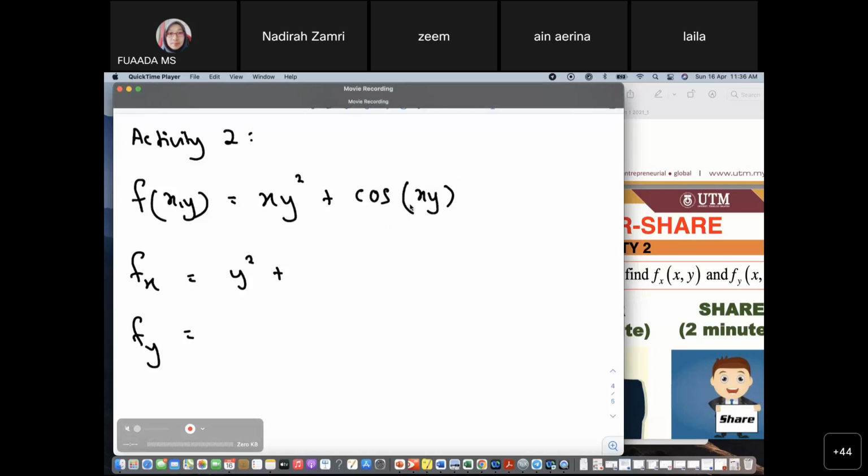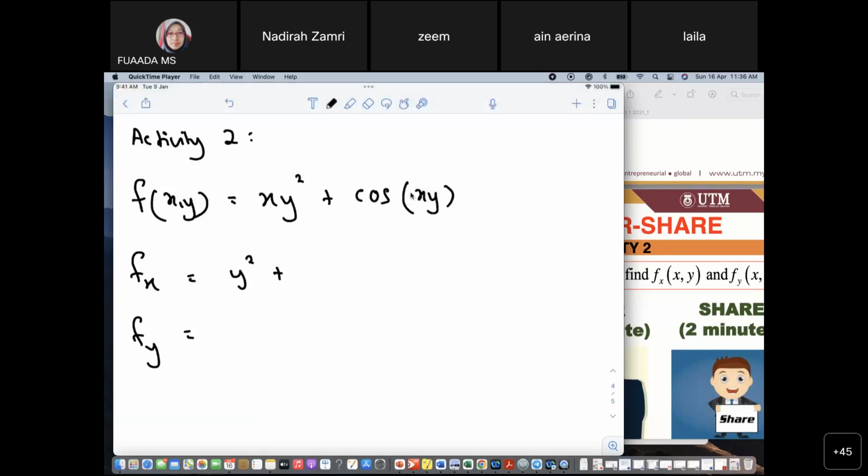So first, this one we need to apply the chain rule. What the chain rule says, you have to differentiate the outer function. What is the derivative of cos x? For example, y equals cos x, differentiate dapat apa? dy/dx is negative sine. So for that, you get negative sine of xy.